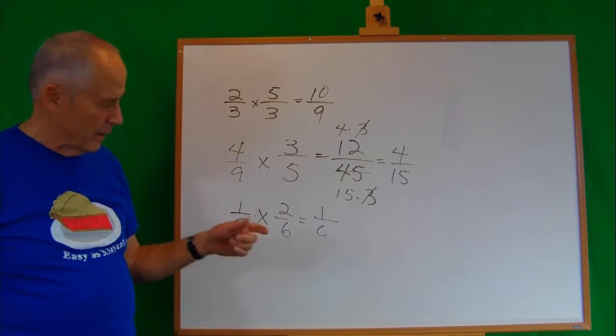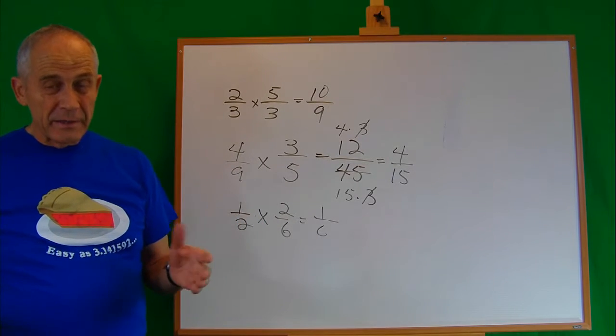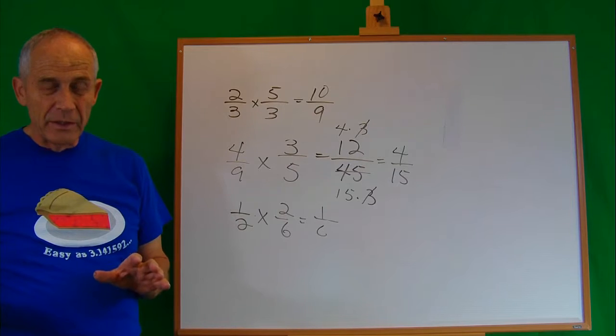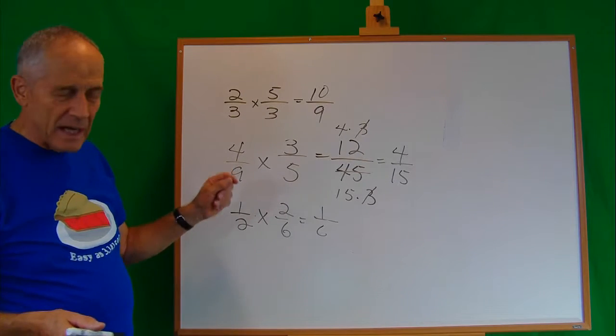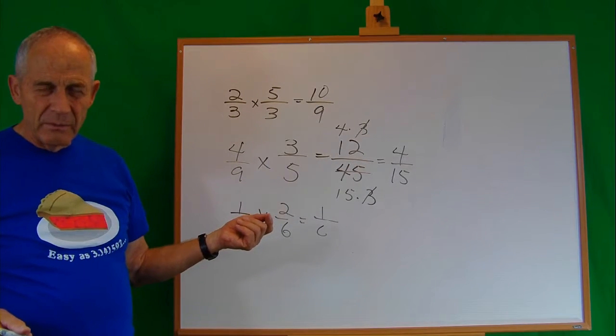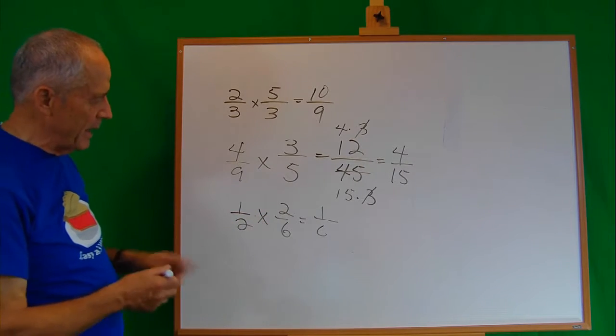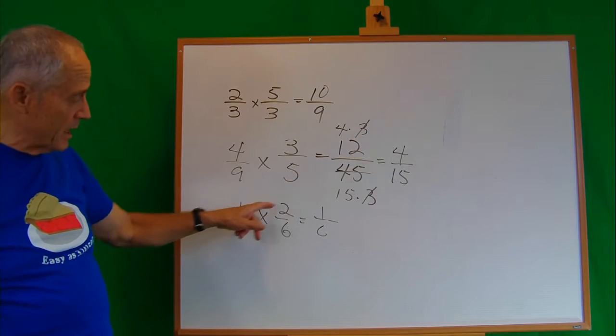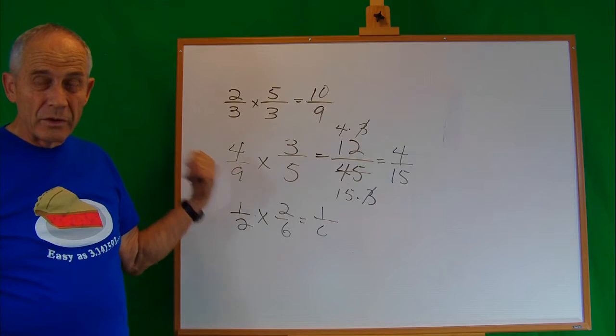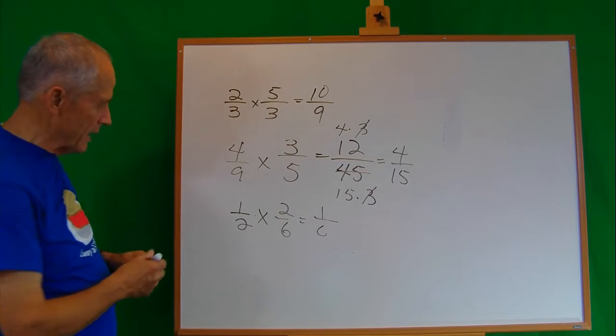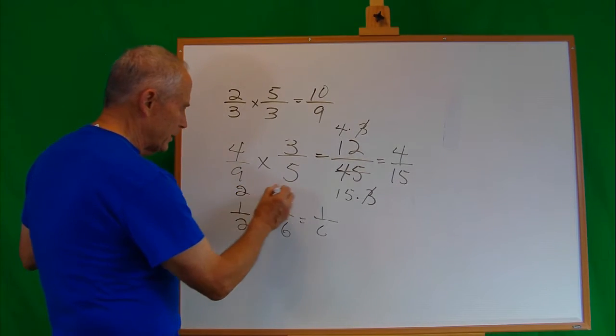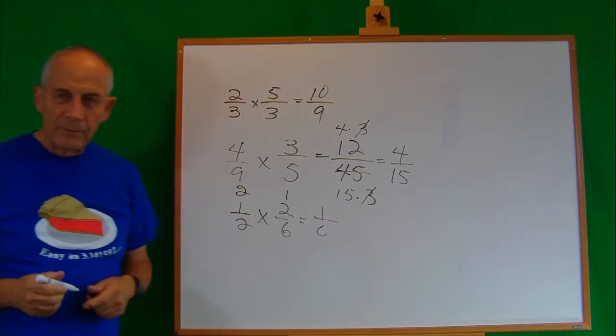1/2, notice, and here's the key, multiplication is commutative. Since I multiply the numerator times the numerator to get the numerator, it wouldn't make any difference whether I multiply 1 times 2 or 2 times 1. So I could actually reverse that, put the 2 there and the 1 there.